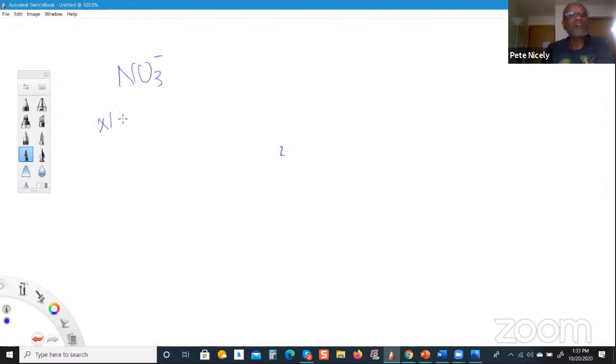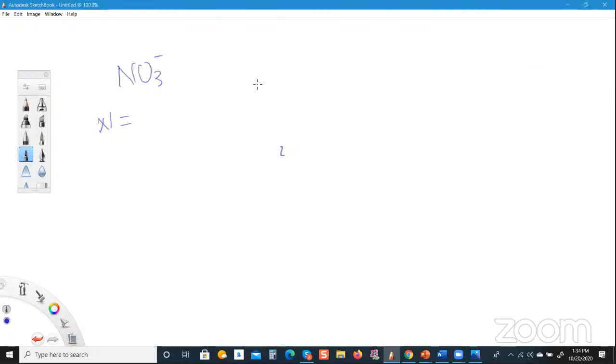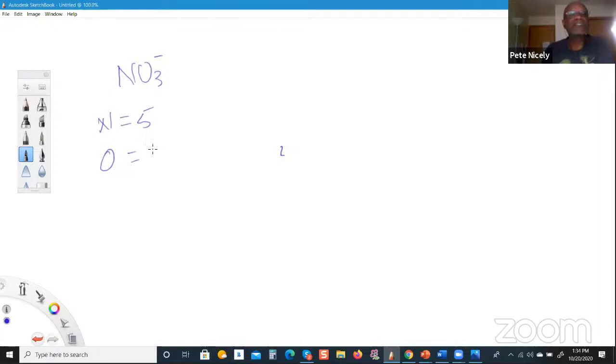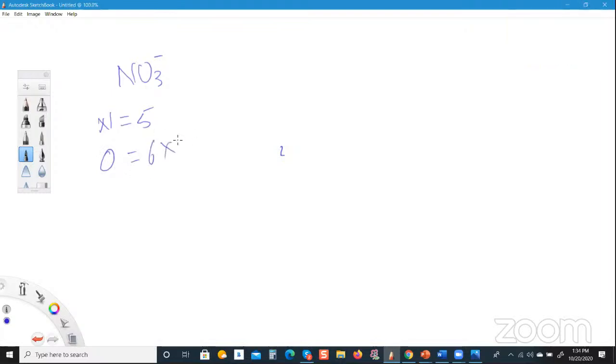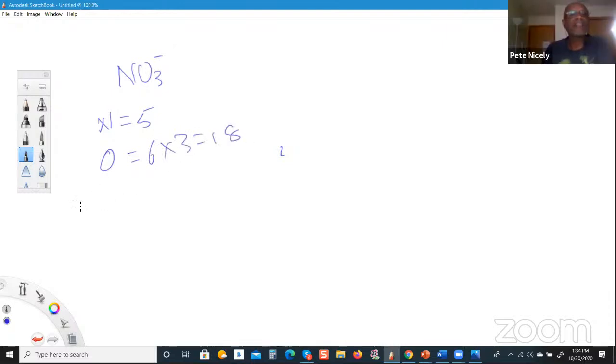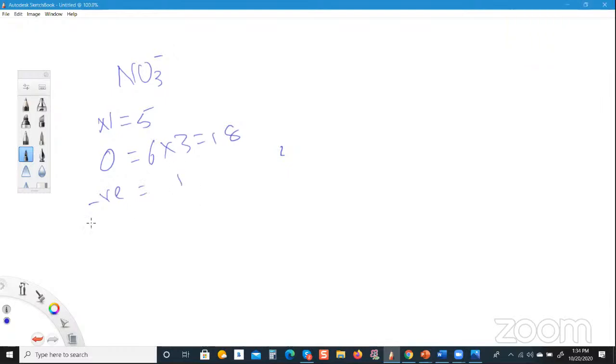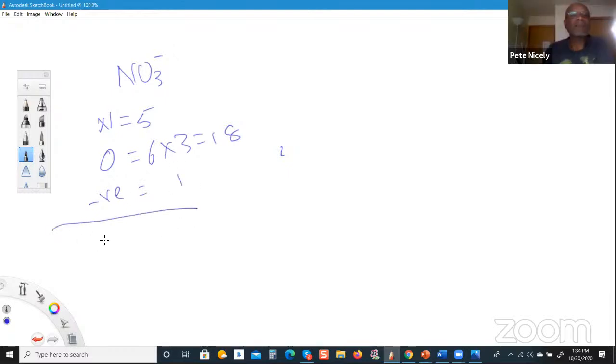Nitrogen will contribute how many valence electrons? Sorry, I was muted. It will contribute 5. Okay, and each oxygen will contribute 6. Okay, and we multiply that by 3, 18. And then the negative charge will contribute how many? 1. Okay, so the total here would be 5 and 18, 24 electrons, equal to 12 pairs.